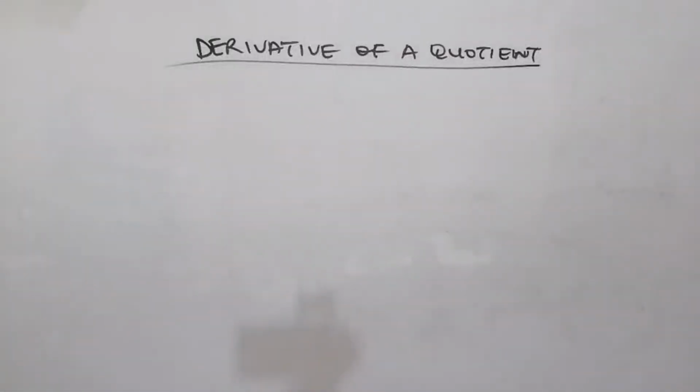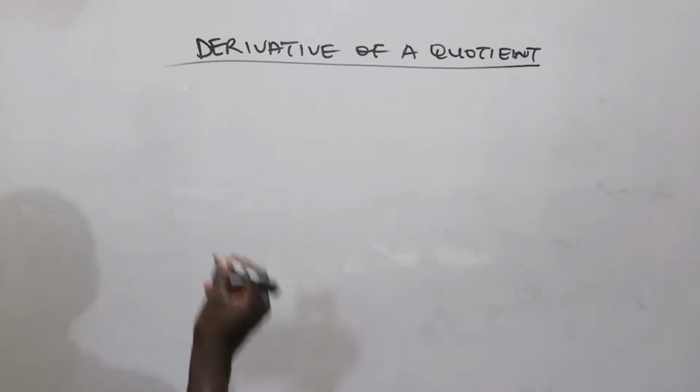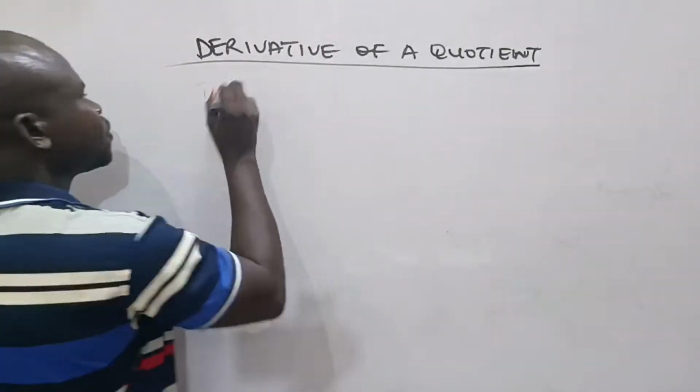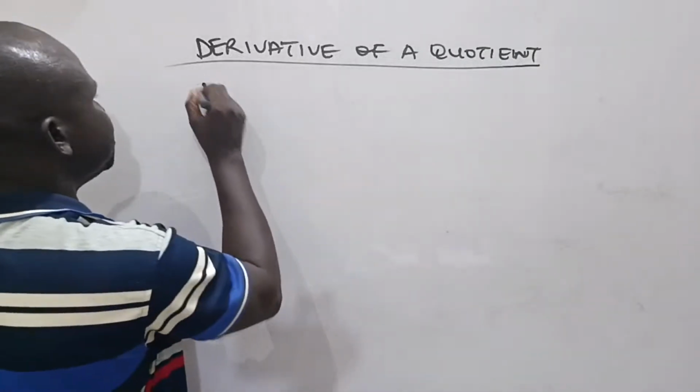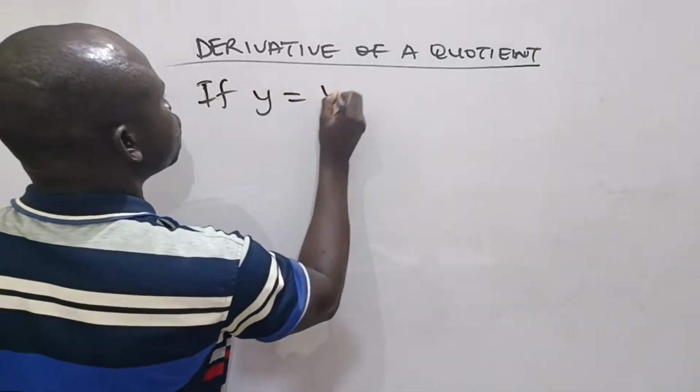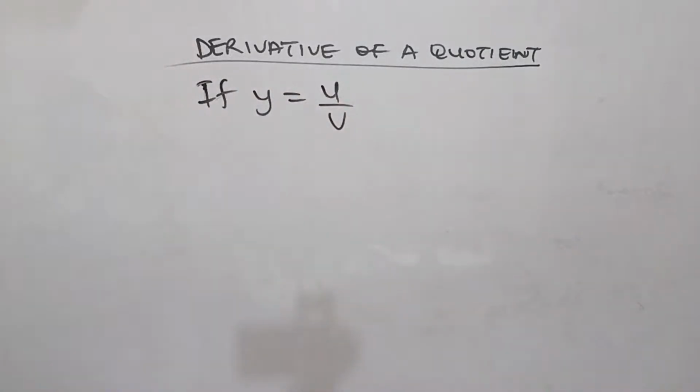Quotient rule, what do we mean by quotient? Product simply means multiplication. But when we talk about quotient, it simply means division. For instance, let's say y is equal to u all over v, where u and v are functions of x.